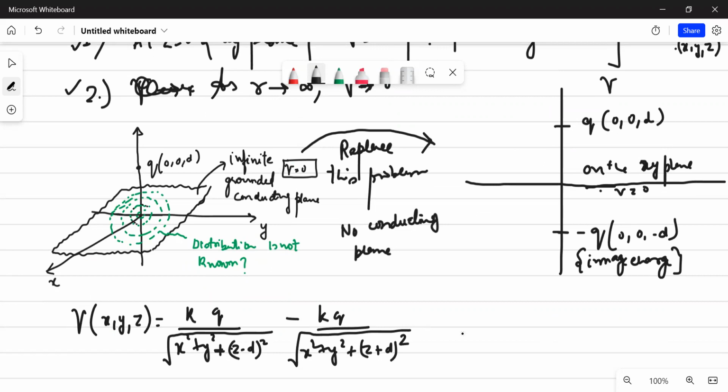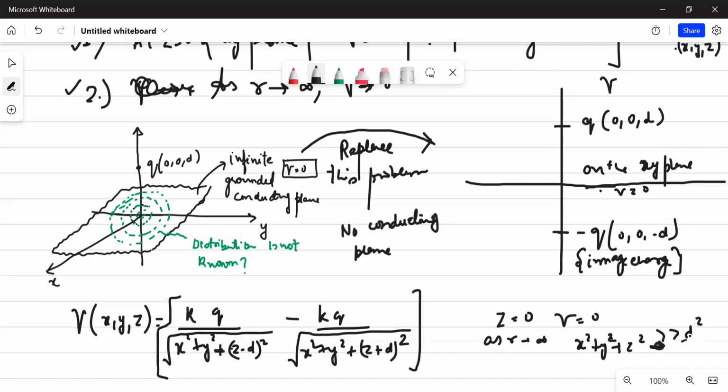Okay, so this is your potential function. You can also see from here that if I place z equal to 0, I will get kq upon x square plus y square plus d square minus kq upon x square plus y square plus d square, that is, V will be 0. And as r tends to infinity, x square plus y square plus z square would be very, very much greater than d square, tending towards infinity.